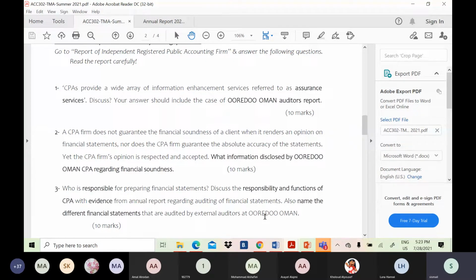Some of them can be adverse or qualified or unqualified, and each opinion reflects a different situation about whether the financial statement is free from error and fraud and whether it complies with the standard or not. So it's like he asked you, based on this introduction, can you tell me what information the auditor mentioned related to the financial situation of the company, whether the company complies with the standard or not, whether it is free from error or fraud or not.